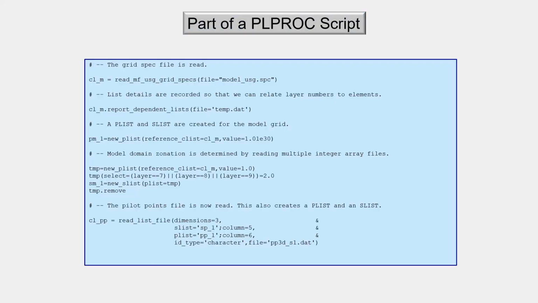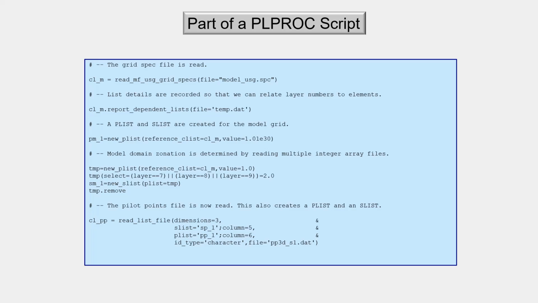Because PL-Proc is so flexible in what it does, the user instructs PL-Proc what to do using a script, a kind of programming language. This can be a little bit difficult to use, but it's all described in the PL-Proc manual, and this is actually the cost of flexibility.